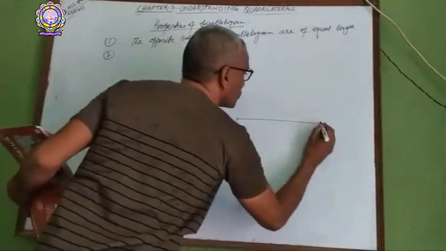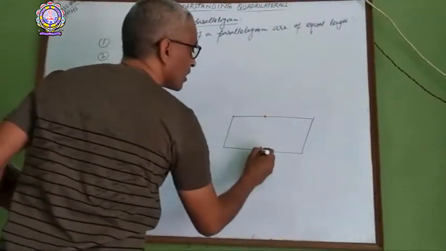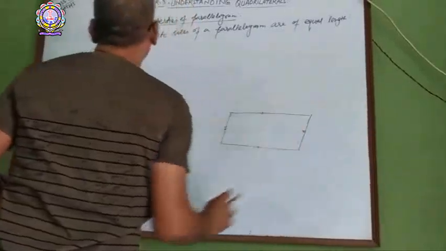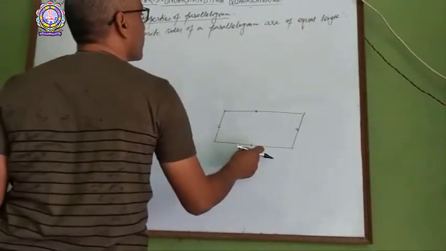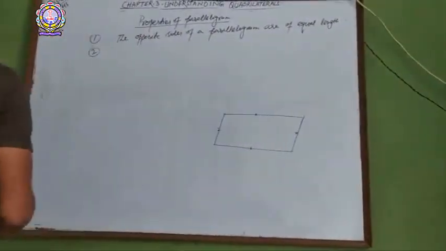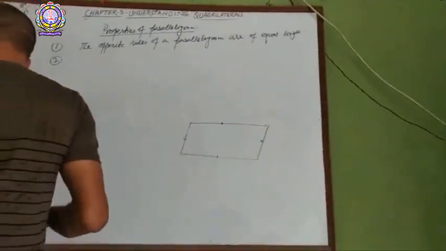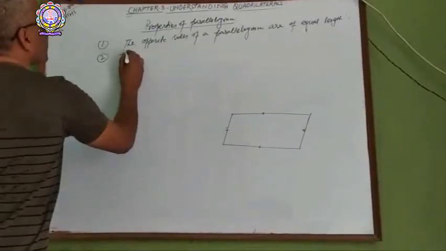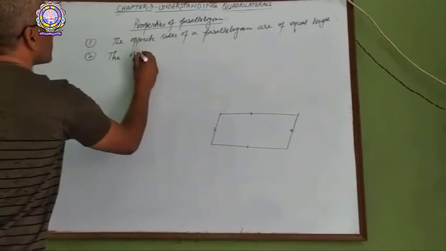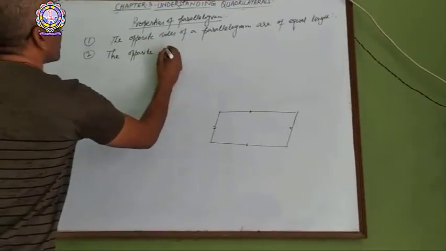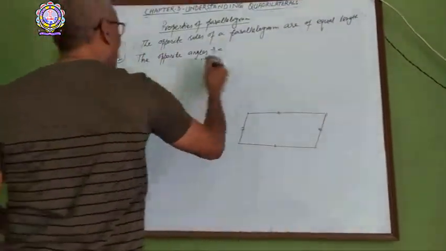Here you can see a parallelogram. These opposite sides are equal, or in other words you can say that opposite sides of a parallelogram are equal. Okay, second one is opposite angles of a parallelogram are of equal measures.